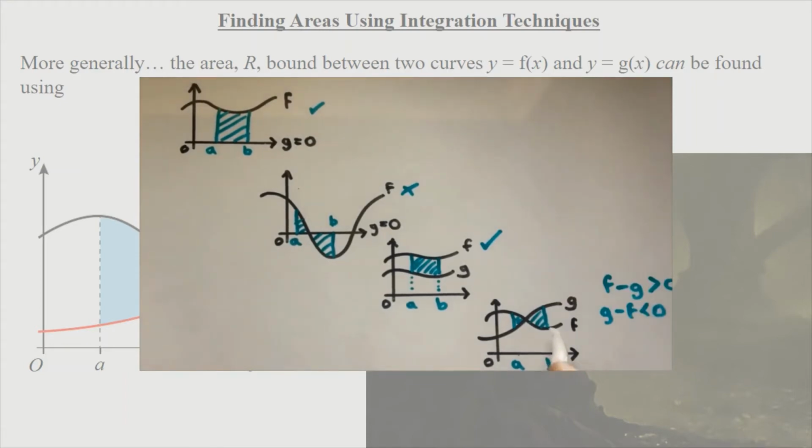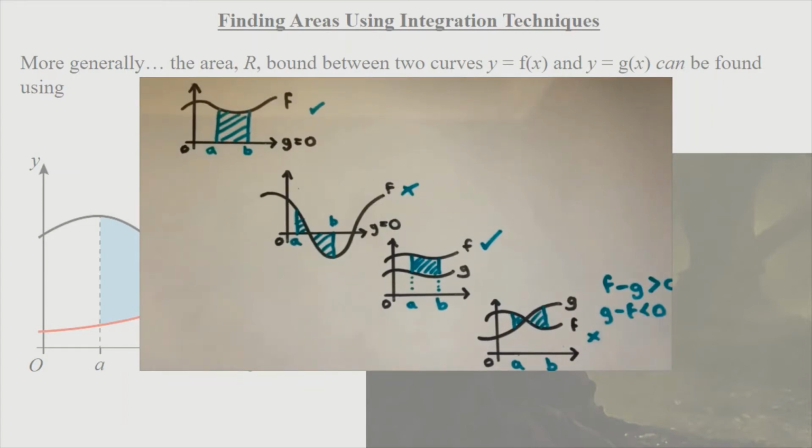But clearly there is an area we can talk about. You cannot have a negative area. So when we have a situation like this, the area and the integral will not be equal. They can't be, because we have functions swapping places.